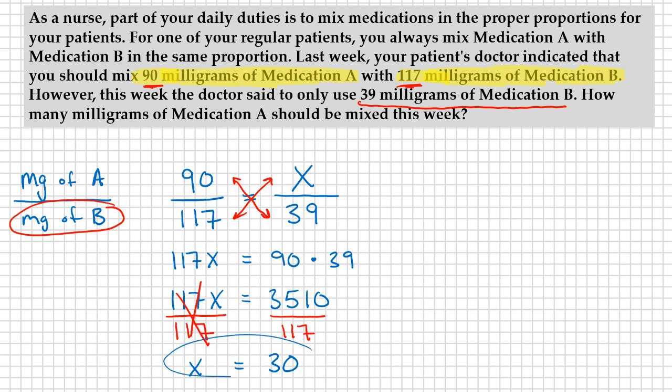So again, there's our solution for X. To give the solution to the original problem, we should say 30 milligrams of medication A should be used.